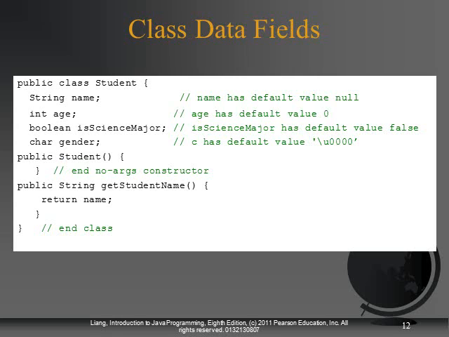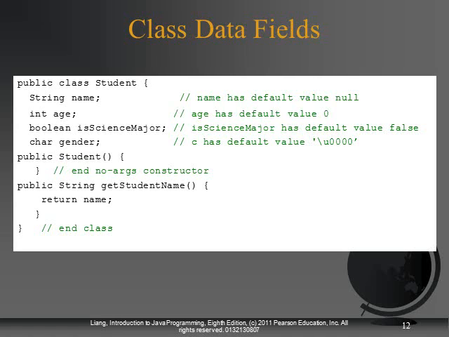So there's no restriction regarding the data types that we can use in a class. We can use the primitive types that we've come to learn, as well as other object types in our class. In the student class above, the name is a string object. It's a reference data type. And if a reference data type does not have a reference to any object, the data field holds a special value called null.